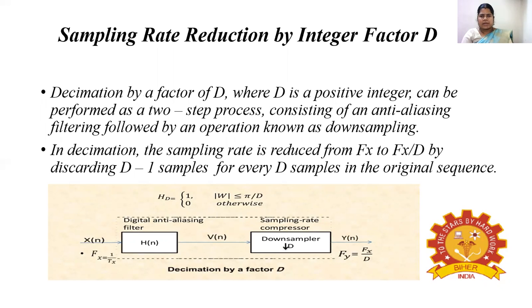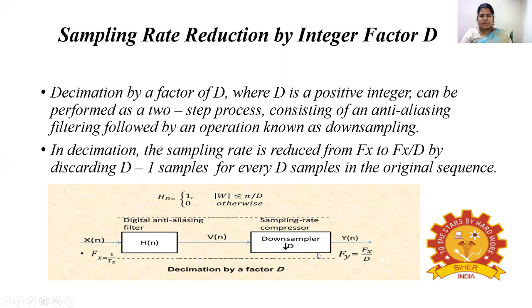Next is sampling rate reduction by the integer factor D. In sampling rate reduction, decimation involves two stages or two steps. One is the anti-aliasing filter followed by the downsampler.